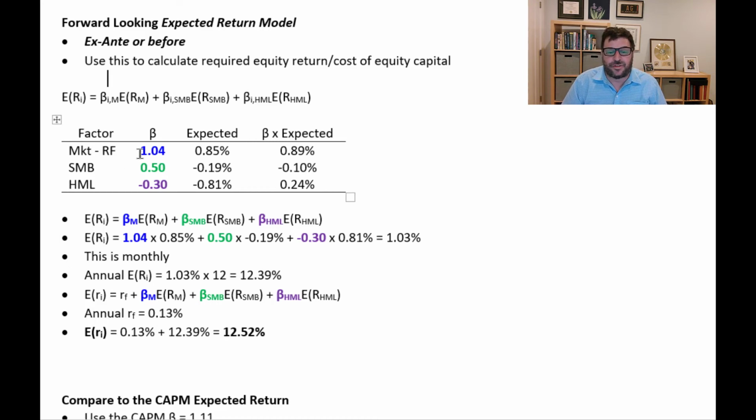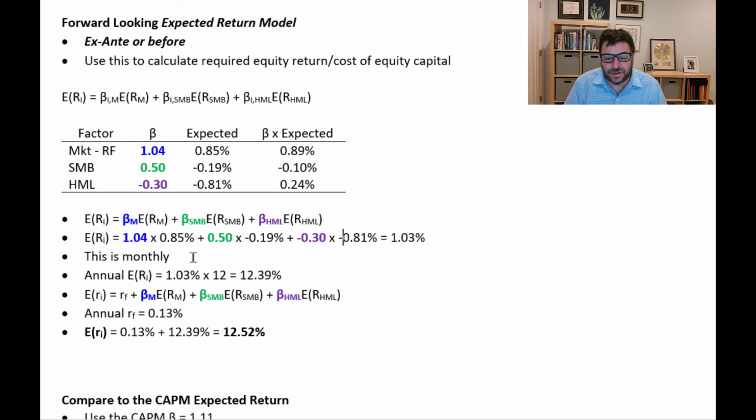So I have my three factor betas. I know they're significant, so I'm using them. I have the expected value for my three factors. And again, these are just averages of the last 60 months. I could do something different if I wanted, but I'll just use the expected values. And so I take the product of these. So 1.04 times 0.85, 0.5 times negative 0.19, 0.3 times negative 0.81, and I get 1.03%.